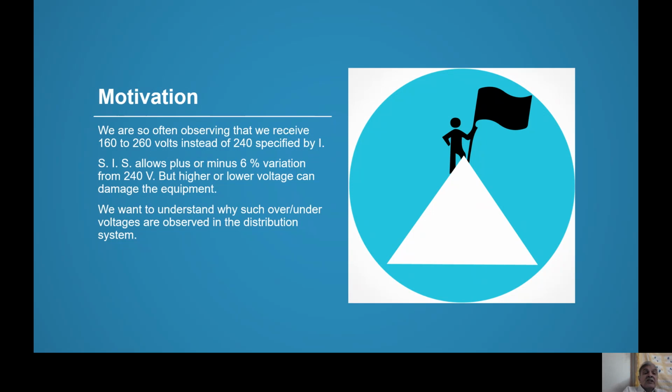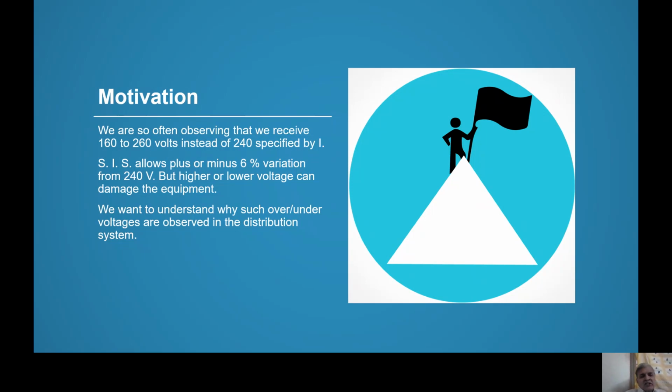So that damages the induction motor. If some tube light is there which needs minimum voltage to remain lighted, if the voltage decreases, the tube light would not light, and you would be in dark in that particular room. So such things can happen.